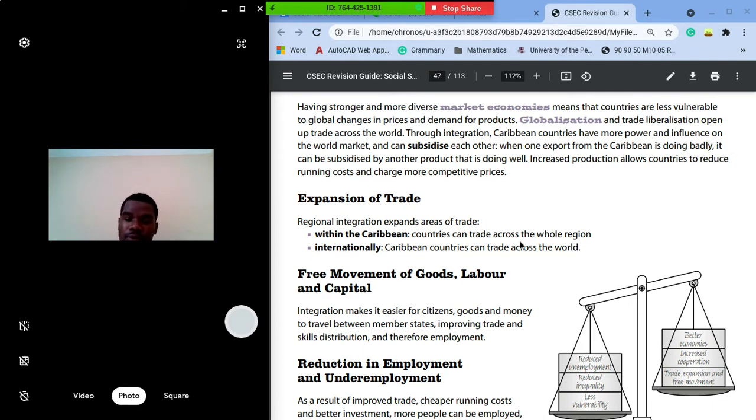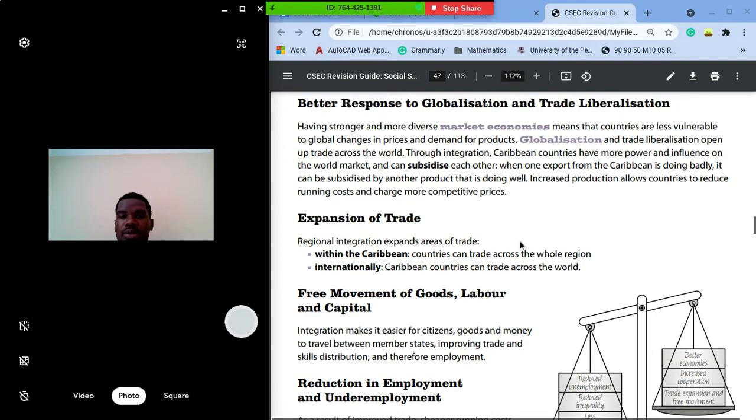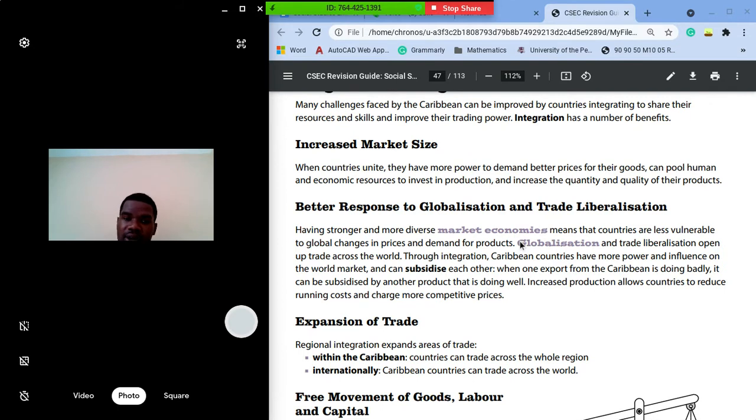So it not only improves trade and skills distribution, but it makes life easier for citizens. Those are the main four that I wanted to take off: increased market size, better response to globalization and trade liberalization, expansion of trade, and free movement of goods, labor, and capital.